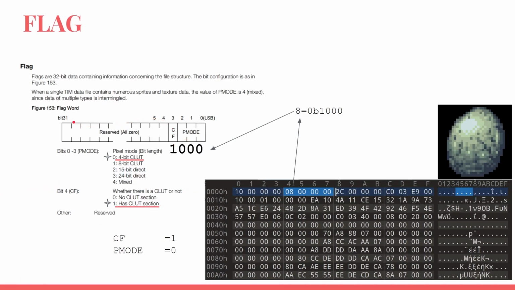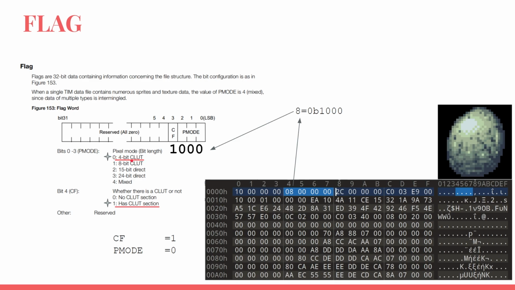After the ID section comes the flag section, which tells us some information. But it also tells us that only the first 4 bits are actually used. Only the lowest 4 bits are actually used. The first 3 make up something called P mode, and the 4th bit is the CF. The first 3 bits, the P mode, is the pixel mode, basically the image mode that this image is in. So for this egg image, we said that this was a 4-bit image, 4 bits per pixel, and it has a CLUT.